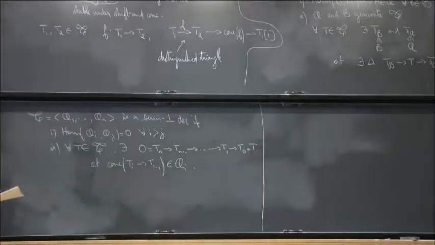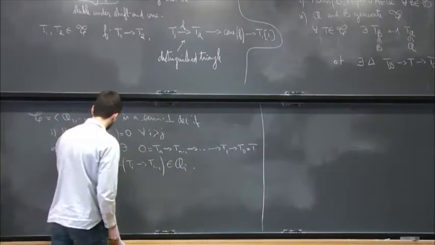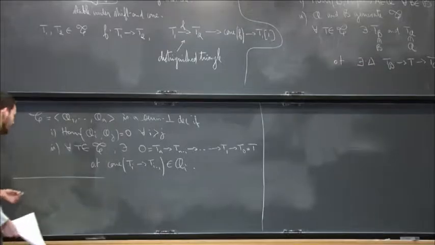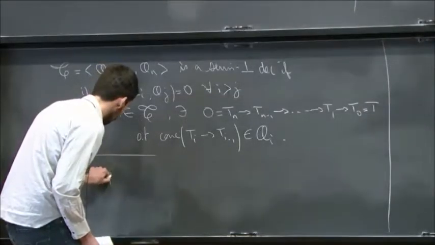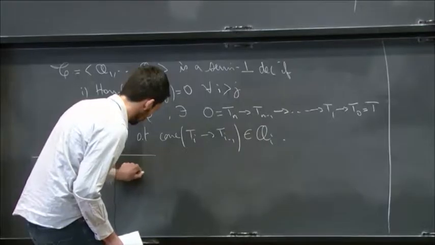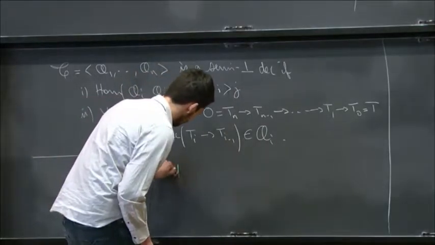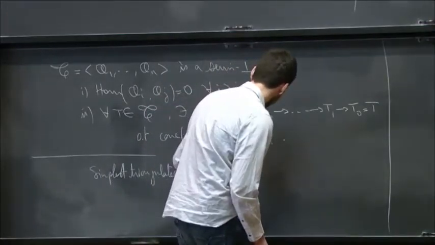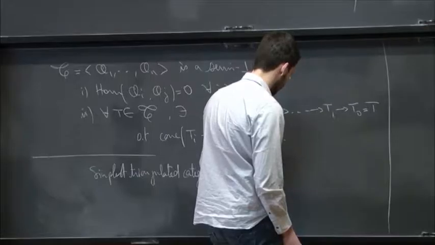Okay, so this is the general setup of semi-orthogonal decompositions. Now the question is, given a triangulated category, when is it possible to split off strictly full subcategories? Maybe the first kind of objects to consider are the simplest ones, and maybe the simplest triangulated category is the bounded derived category of k vector spaces.